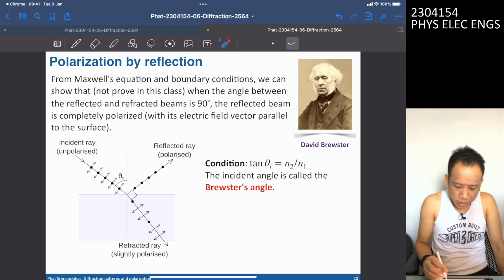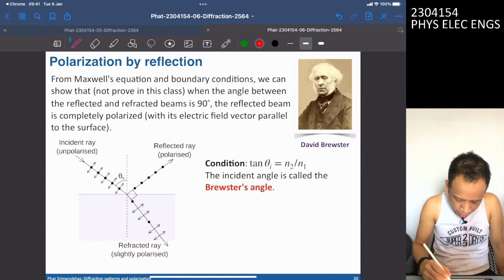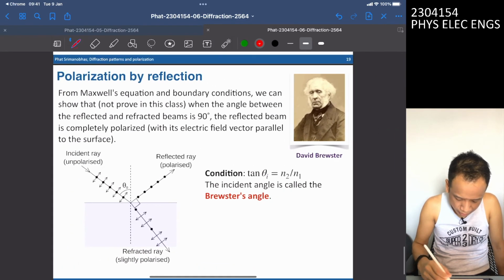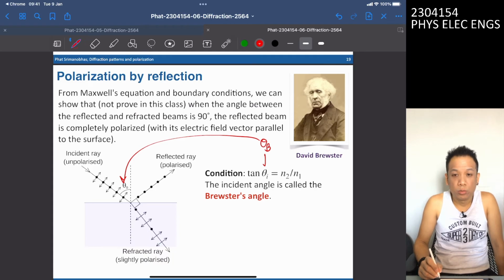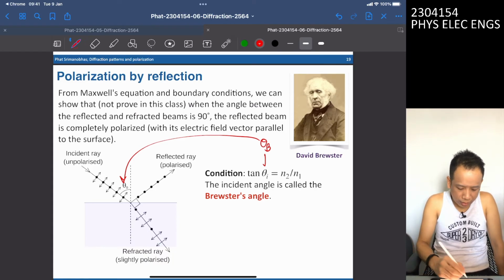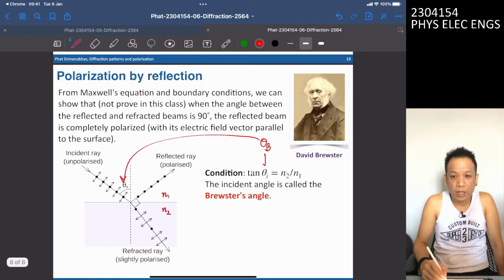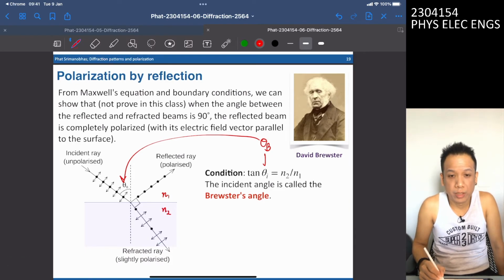You can find the Brewster angle by this formula: tan theta I, the Brewster angle, equals n2 over n1. That is, the index of refraction of the second medium divided by the index of refraction of the first medium.